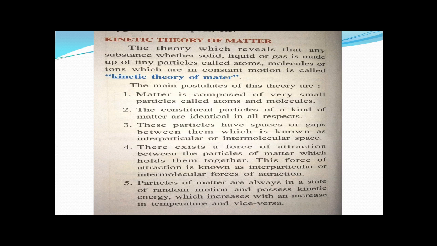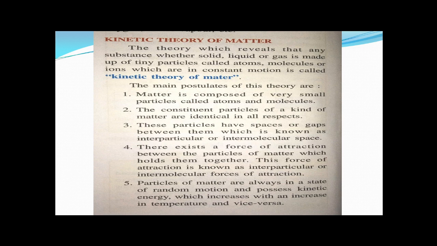Their shape, size and properties, everything will be the same for that particular matter. If we take a crystal of salt, that is sodium chloride, you know now, then all the particles of the salt are identical in all respects.